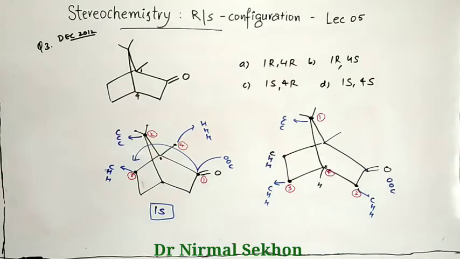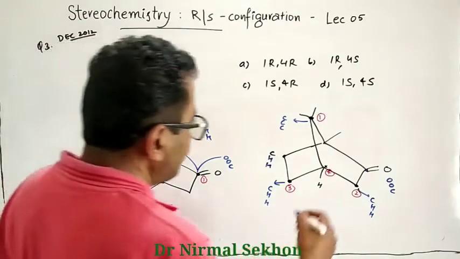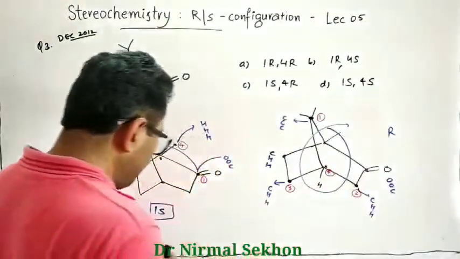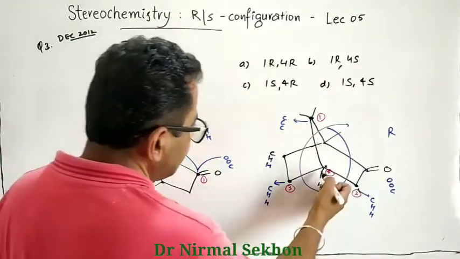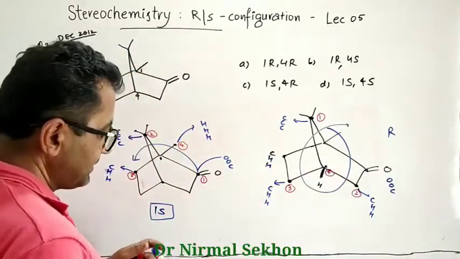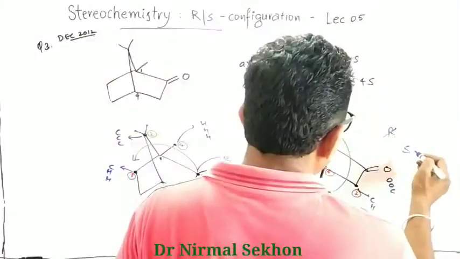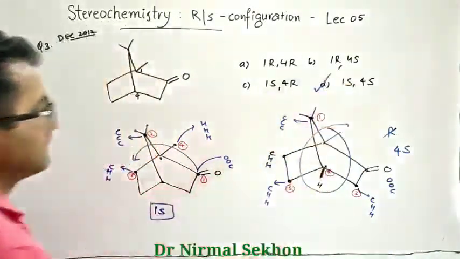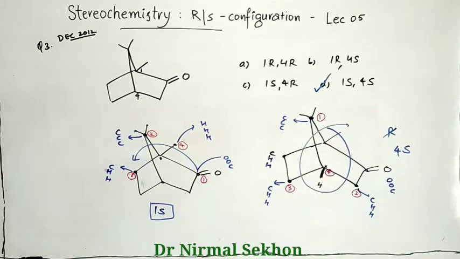We will move from 1 to 2 to 3. It is R. But as I said, this group 4 is above the plane, so your configuration is again going to be S. So this is 1S 4S. So your answer is 1S 4S.